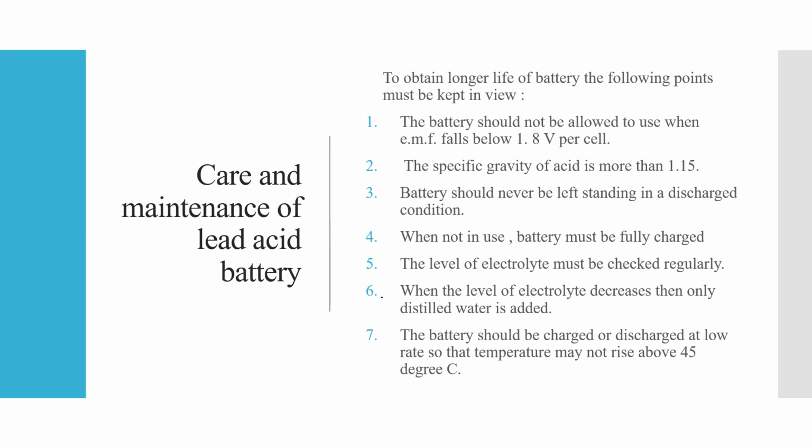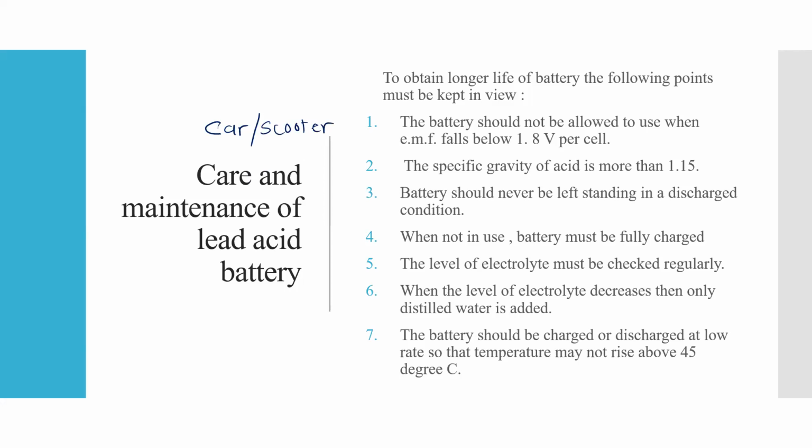So to get this life of 4 or 5 years out of the battery, you should take certain care and also do maintenance of the battery. This is applicable to your car as well as your two-wheeler, scooter, or bike.